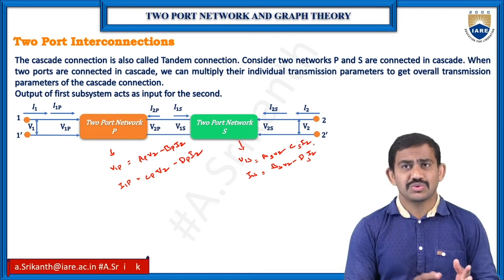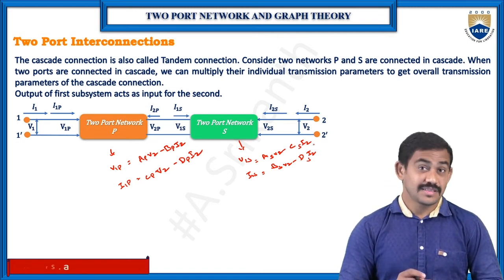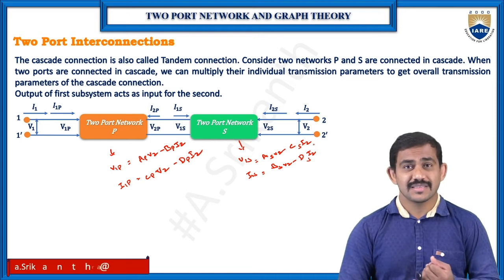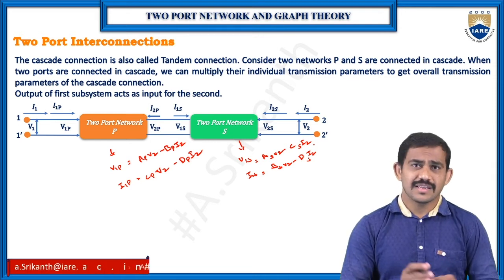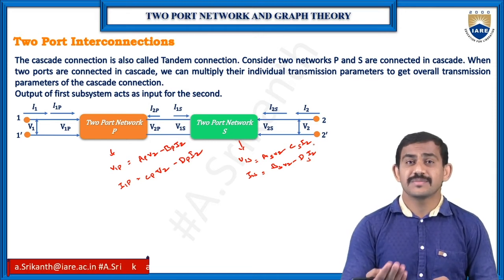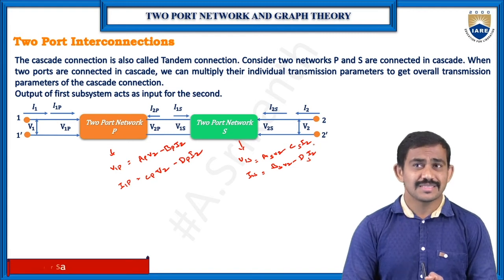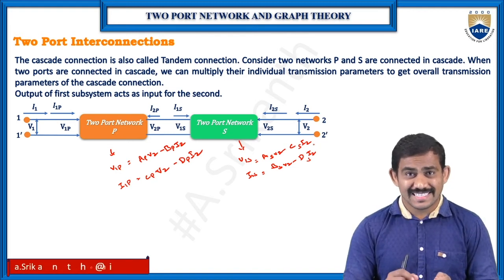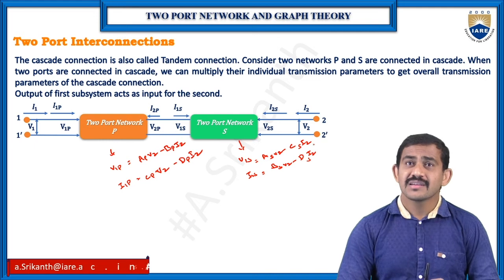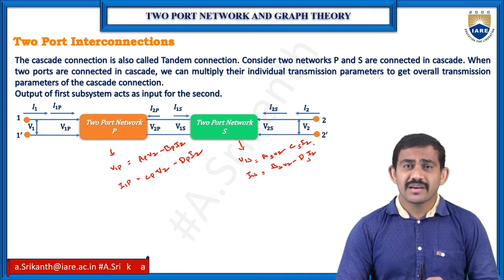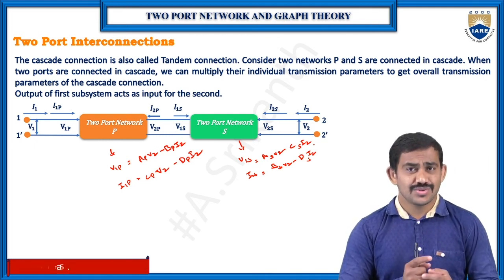So here we have two-port network values. When we have a series connection, we need to add the impedance values, and for both in parallel, we need to add both admittance values. When both are in cascade connection, we need to multiply.